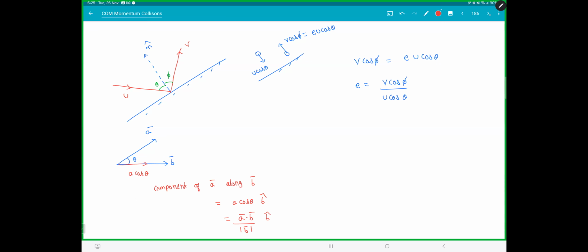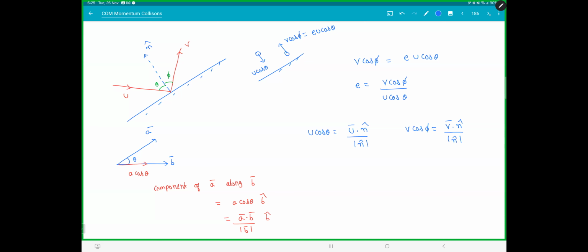I hope you remember that. So u cos theta is nothing but u bar dot n cap by mod n cap. Does that make sense? Similarly, what is v cos phi? v cos phi is v bar dot n cap by mod n cap.